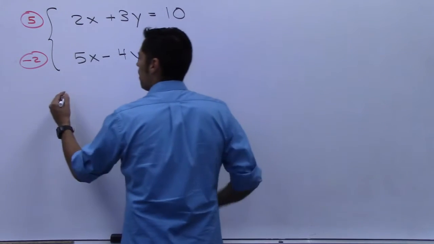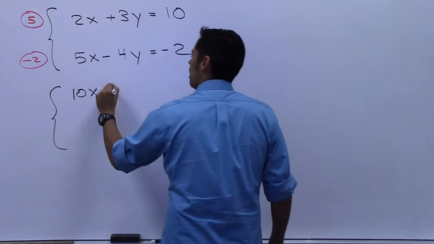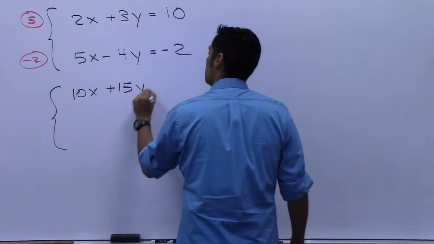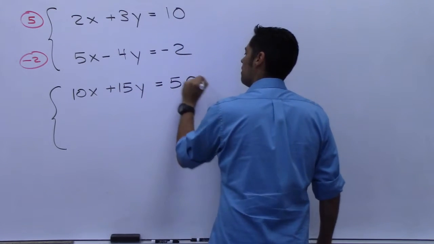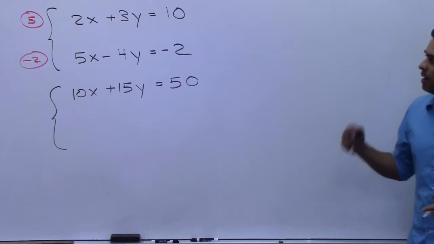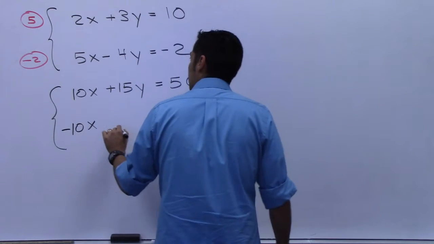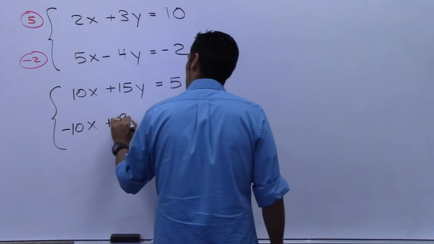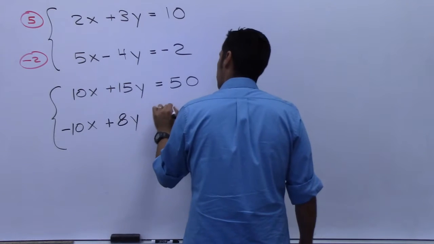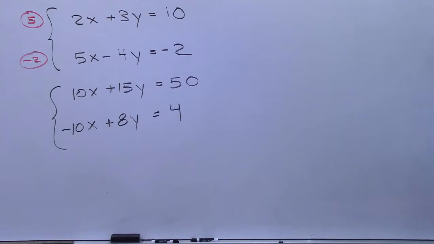All right, so I'm going to multiply through by positive 5 on top first, get 10x plus 15y equals 50. Multiply through by -2 on the bottom. I get negative 10x, I get positive 8y, I get positive 4. Everybody agree?